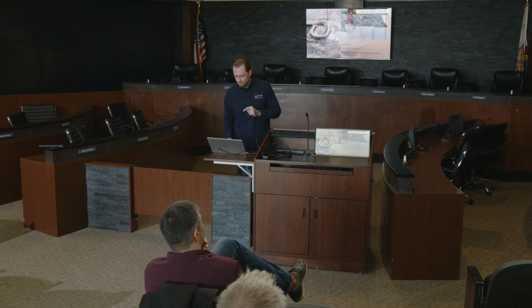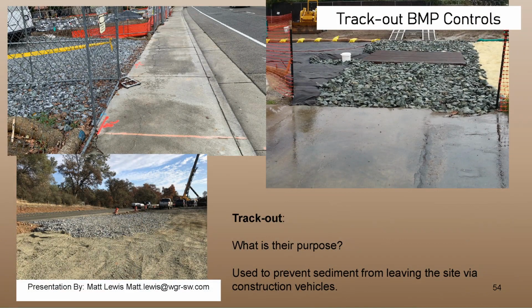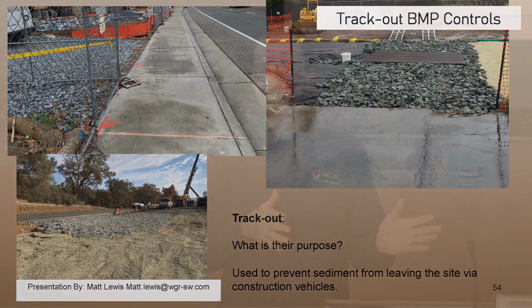So, track out controls. All right, as you can see here, you've got some pretty nice track out controls. Usually the top right is what you have, and their purpose is to prevent sediment from leaving the site via construction vehicles. I always tell my guys, the number one thing that will cause a city inspector, or a state inspector, or regional inspector, to stop at a site is track out.